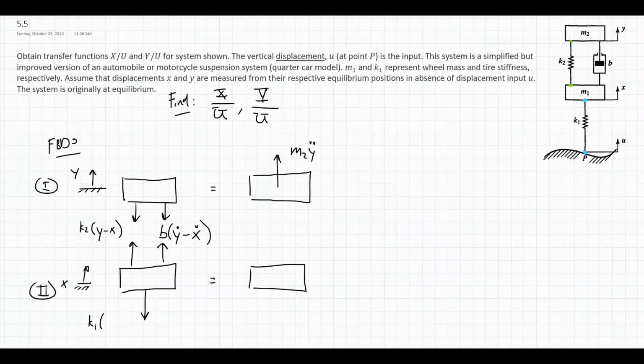If I were to hold U at 0, so it's just flat, a positive X stretches K1. And if I hold X at 0, a negative U as it's defined, so that point going lower than that point, negative U, causes it to go into tension. And those are the only 3 forces acting on M1, and I have its inertia, M1 x double dot.